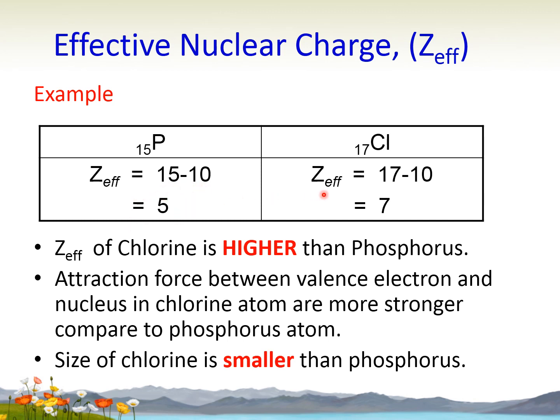While for chlorine, 17 is the number of protons minus 10 electrons in the inner orbitals of chlorine.